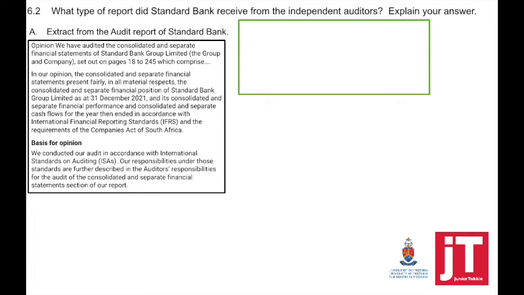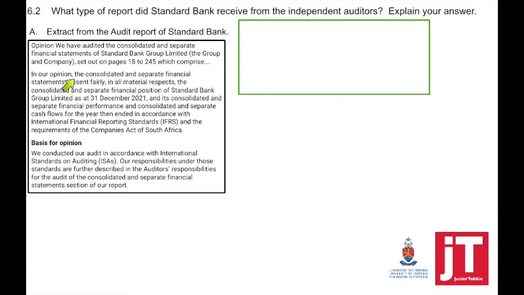Question 6.2. What type of report did Standard Bank receive from the independent auditors? Explain your answer. So if we look at the extract from the audit report. Opinion: we have audited the consolidated and separate financial statements of Standard Bank Group Limited.